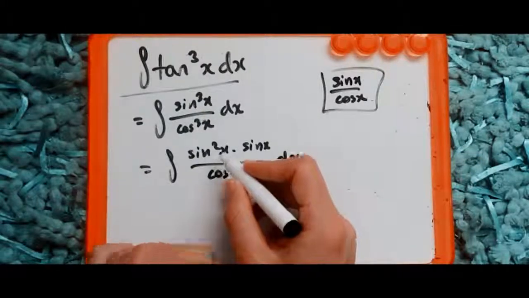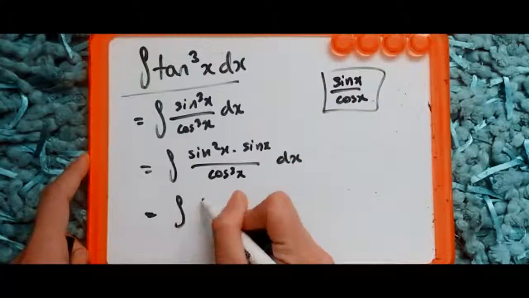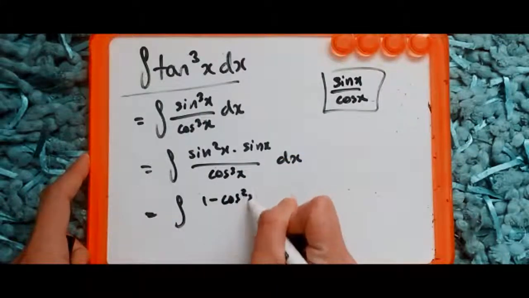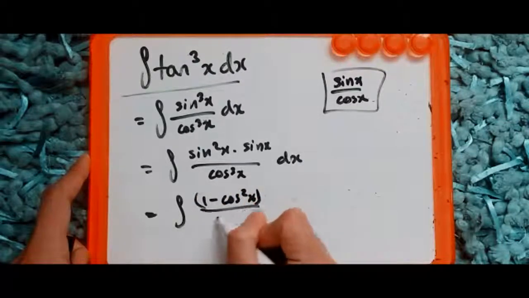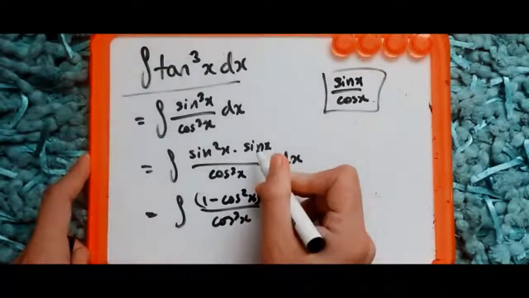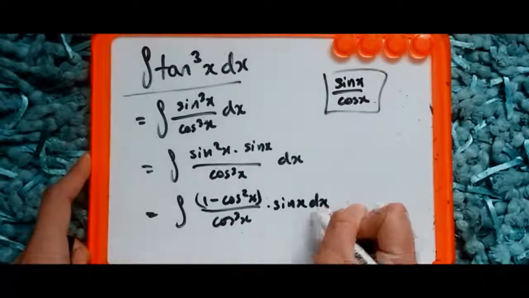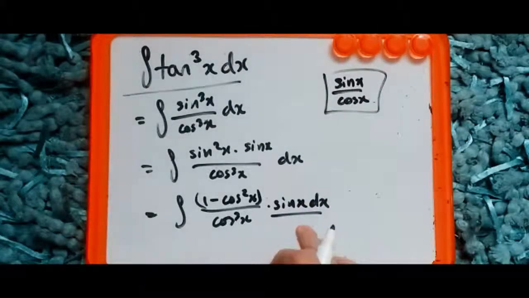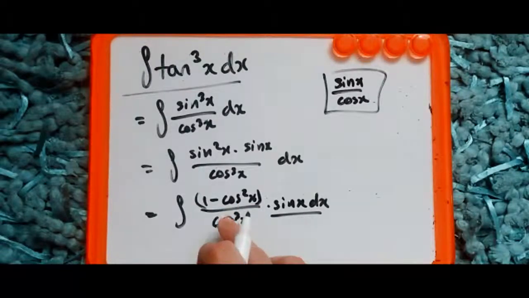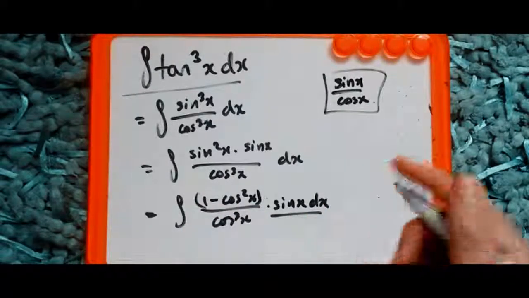Rewriting this as the integral of 1 minus cos squared x over cos cubed x, and I'm going to put the sine x over here, sine x dx. Now all we're doing is letting u be cos x, differentiating and obtaining a sine x.